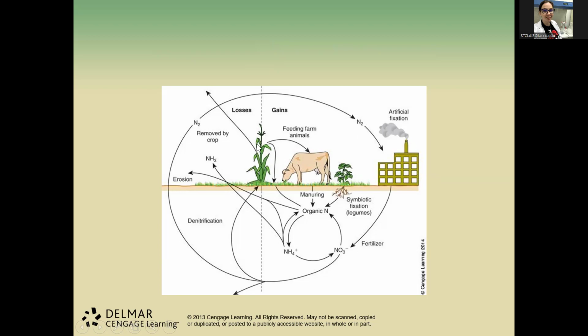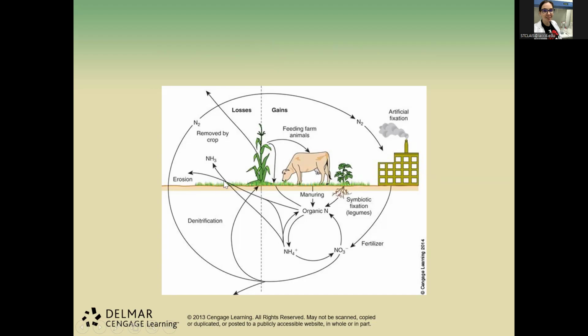However, there are also losses here on the left-hand side, right? So when denitrification occurs and the microorganisms are reducing the nitrate in the soil back to diatomic nitrogen, that is a loss. When ammonia is volatilized and goes into the atmosphere, that is a loss.